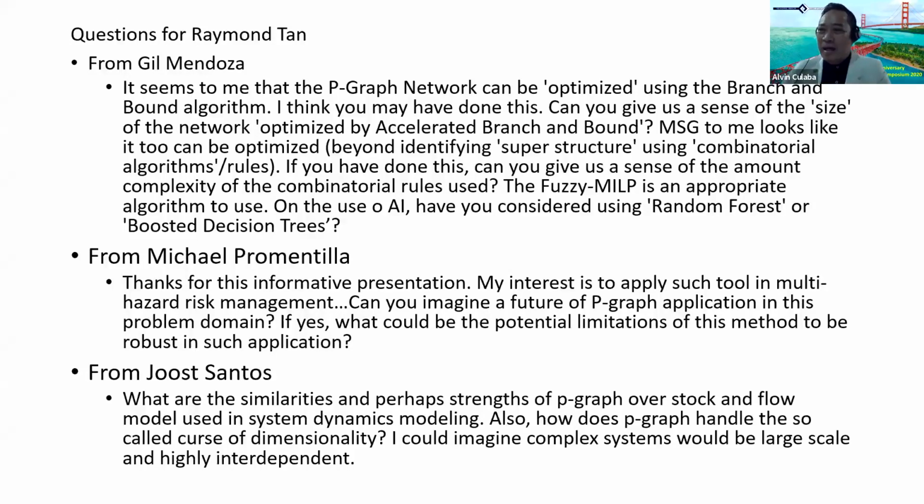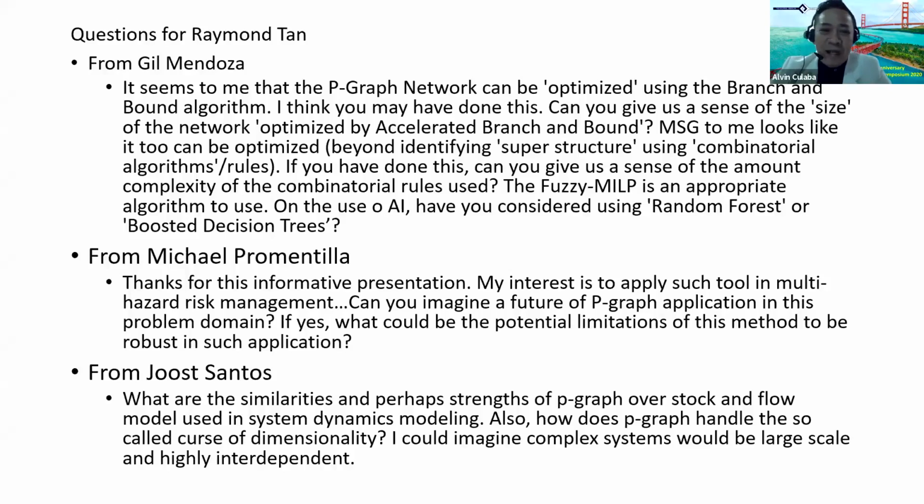Let me read to you the question for Raymond Tan from Hill Mendoza. It seems to me that the P-graph network can be optimized using the branch and bound algorithm. I think you may have done this. Can you give us a sense of the size of the network optimized by accelerated branch and bound?